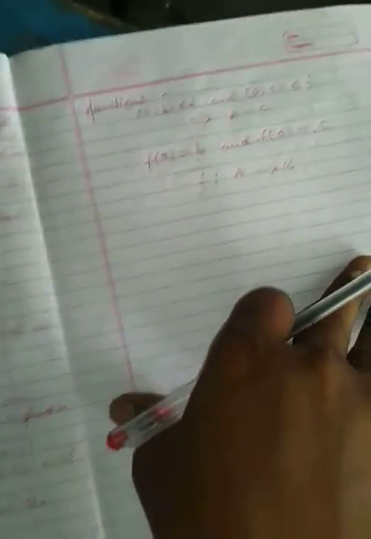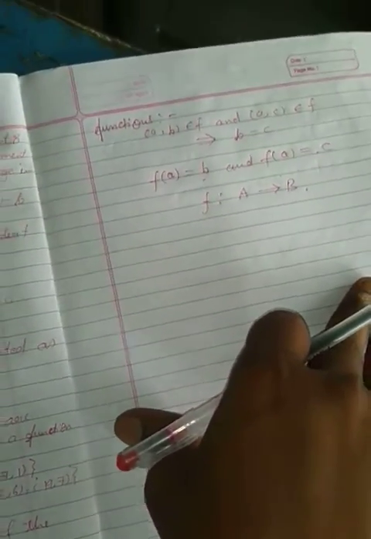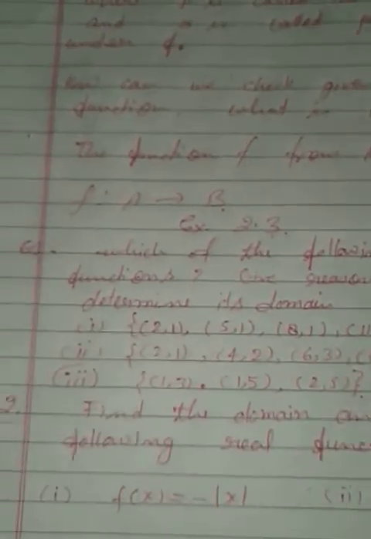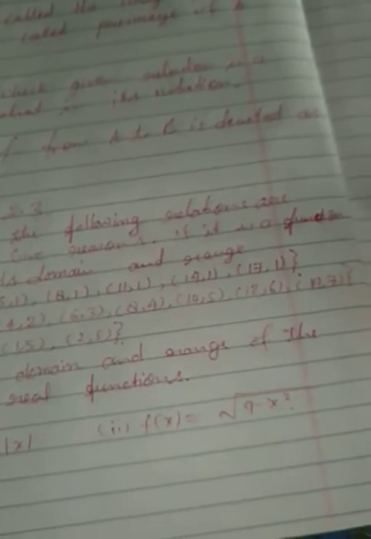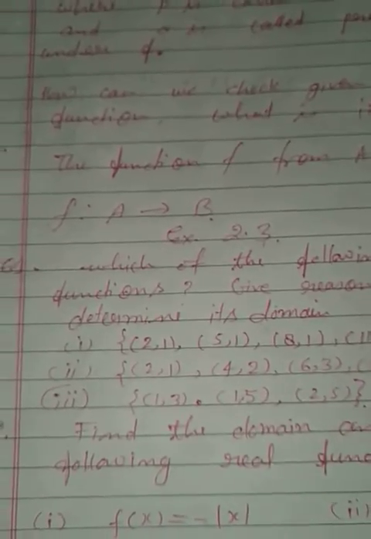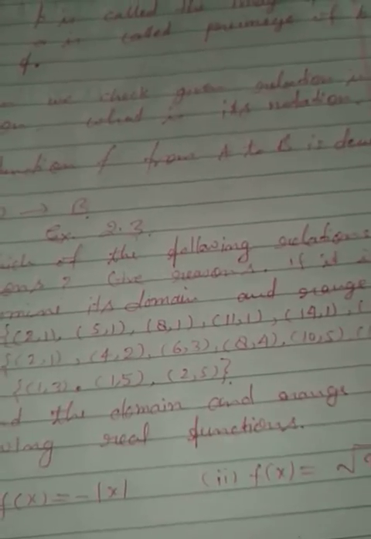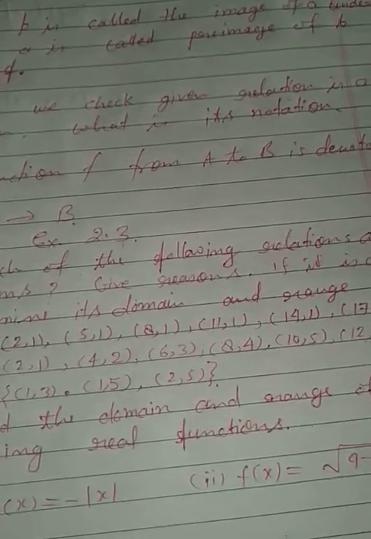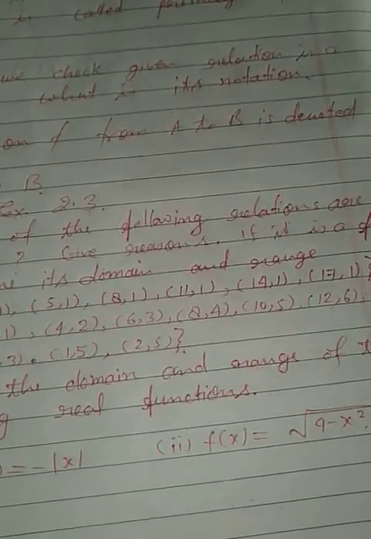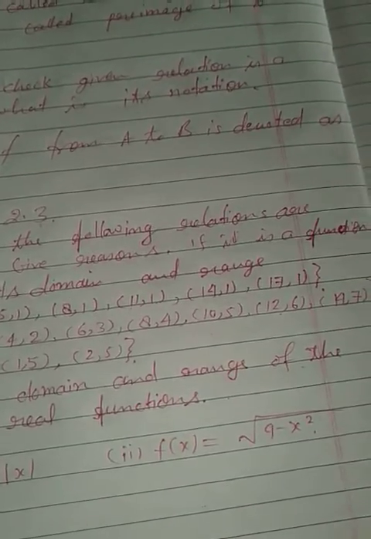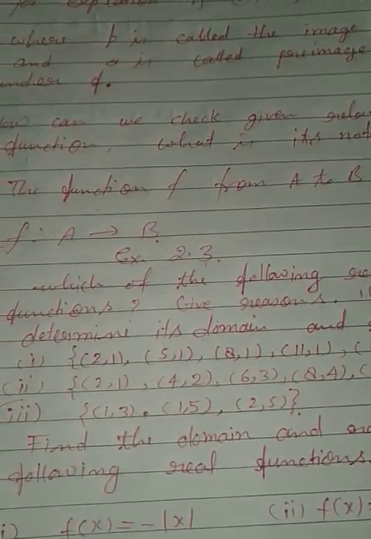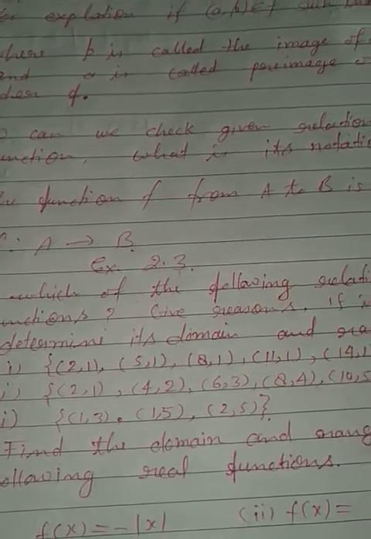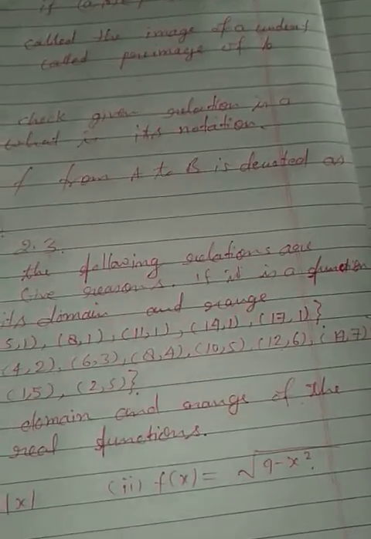Now we can start Exercise 2.3. The first question is: which of the following relations are functions? Give reasons. If they are functions, explain how they are functions, and also determine the domain and range.